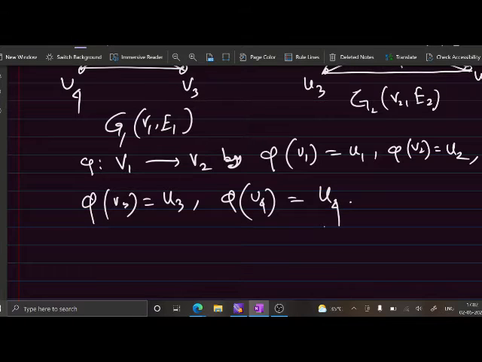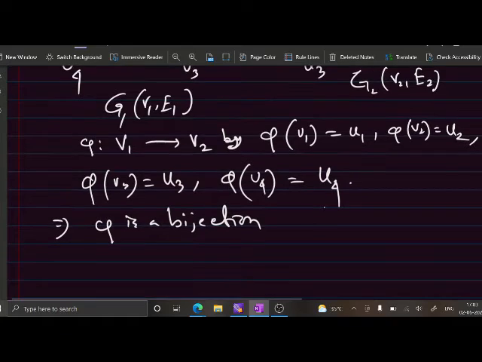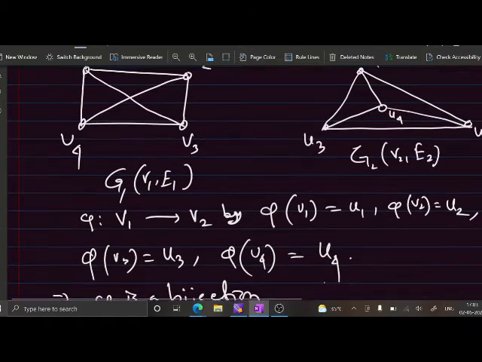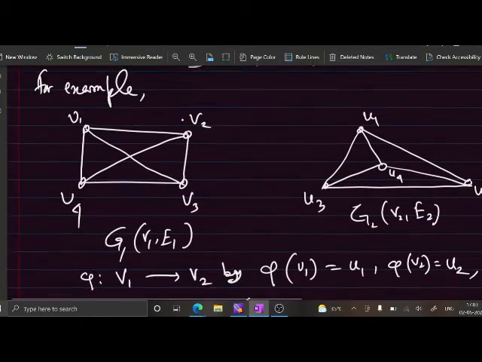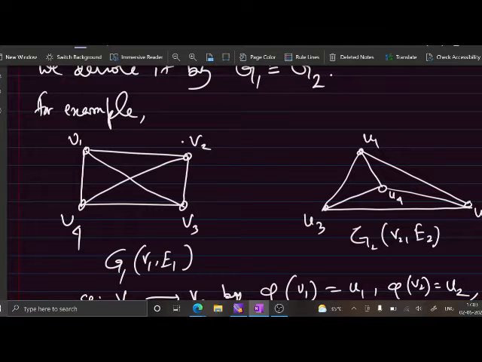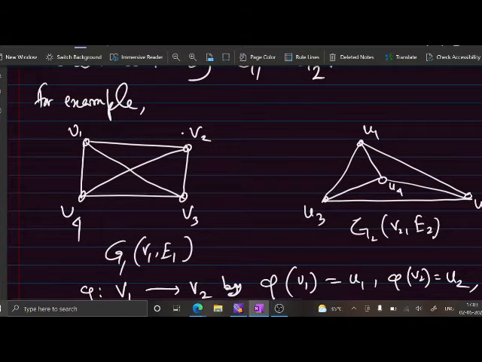Okay, and then you see that this phi is a bijection, right, by definition. And if you check, suppose you take any 2 vertices who are adjacent, that means suppose you take v1, v2, right.